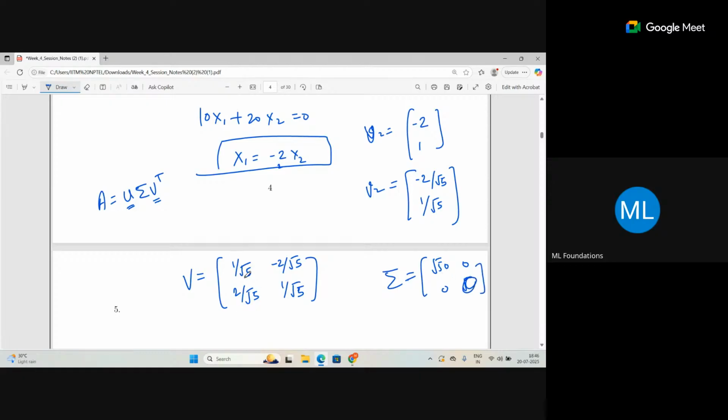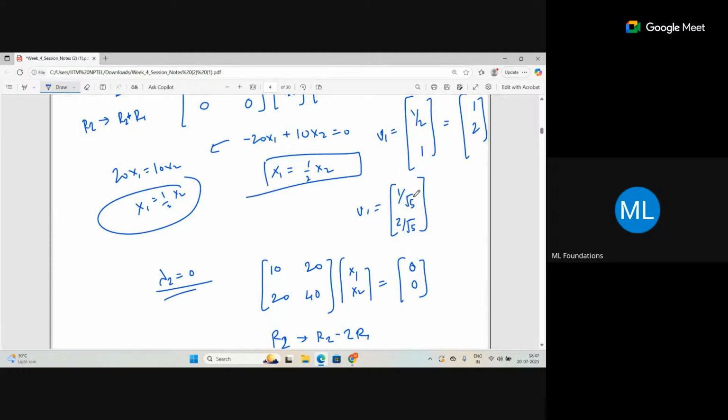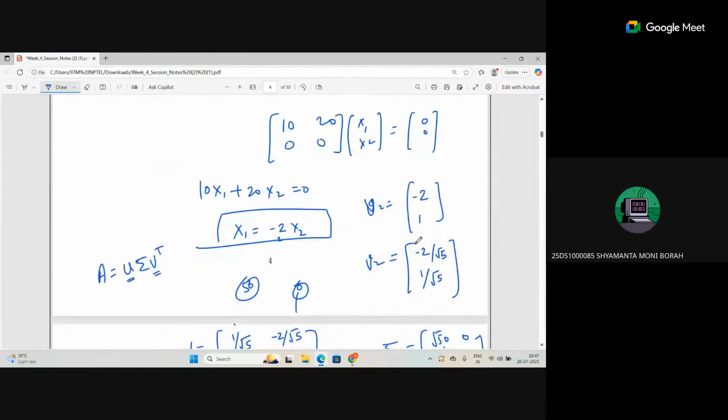So this vector will be the vector corresponding to root 50, correct? And corresponding to root 50 will be 2 by root 5, no, it was 1 by root 5, right? Okay, my bad. It was half and 1, and when I multiply 2 with both, I'll get 1 and 2. So it is 1 by root 5, 2 by root 5. Is that correct? Got it.